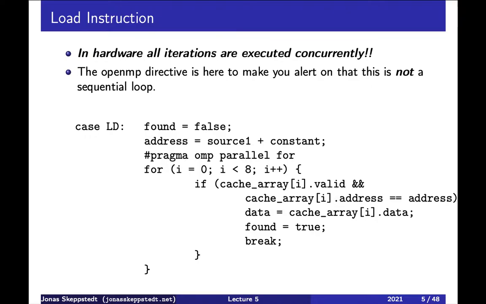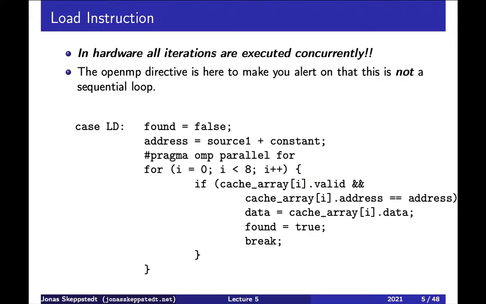When the machine wants to execute this load instruction, it first computes the address as a sum, coming from a register value and a constant in this case. Then there is a loop which goes through the cache and hopefully finds the address, and then it takes the data from that entry. It's very important to see that this is not a loop in the hardware. Instead, it is duplicated.